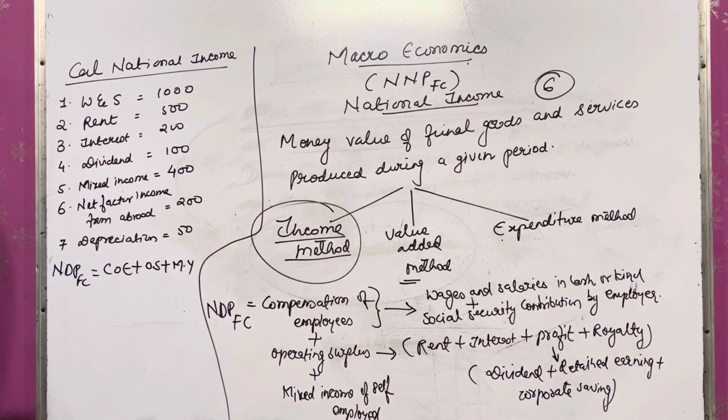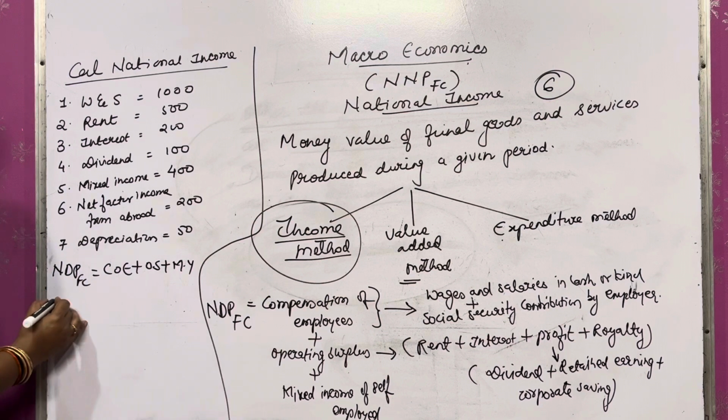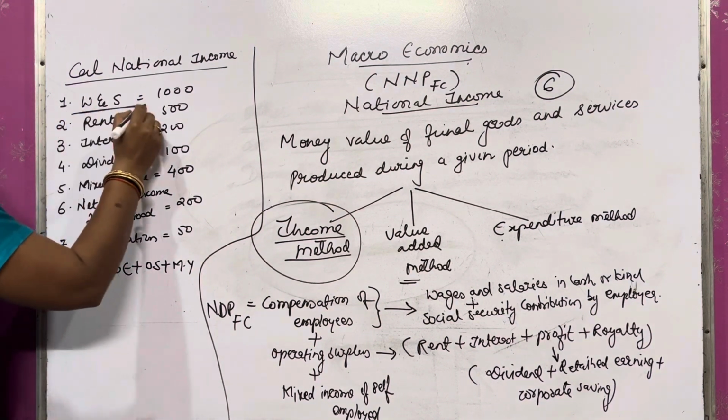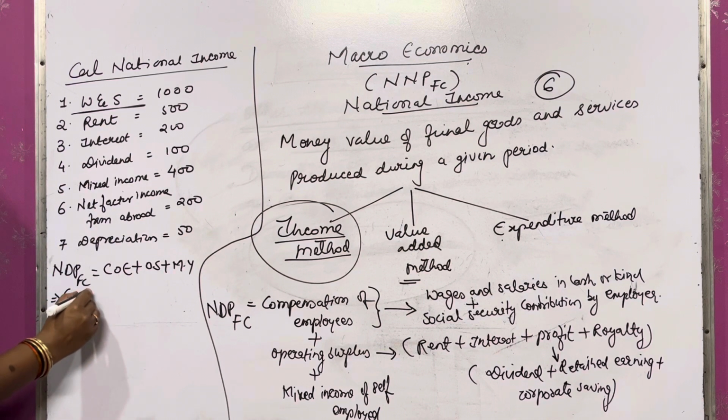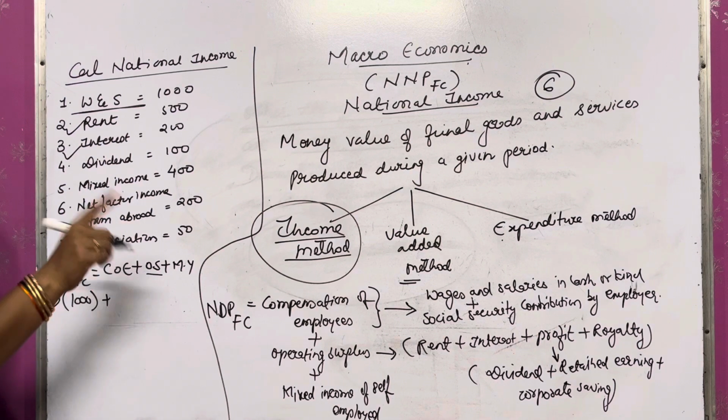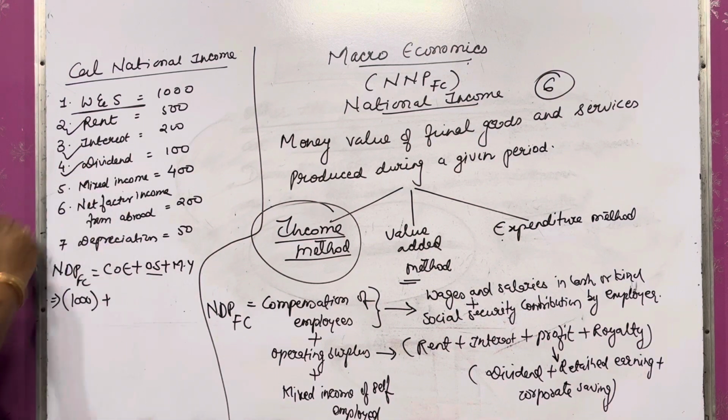Here wages and salaries given is 1000 plus, in operating surplus, we have rent and interest. Profit is not given; instead they have given us dividend.